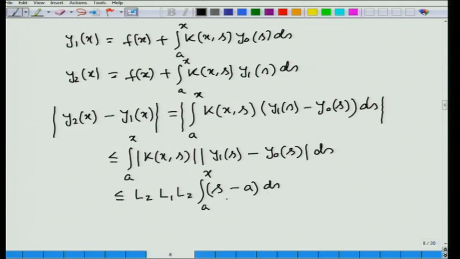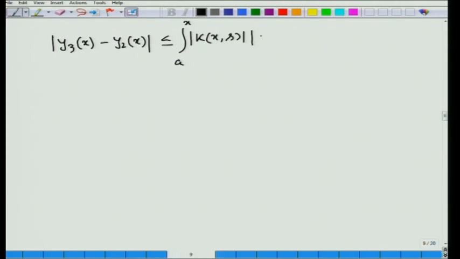Now, here we can write this s minus a without modulus sign, because s is greater than a, and therefore, after evaluating we can find this is equal to L 1 times L 2 square times x minus a whole square divided by 2. Now, in the next step you have to follow the same procedure.